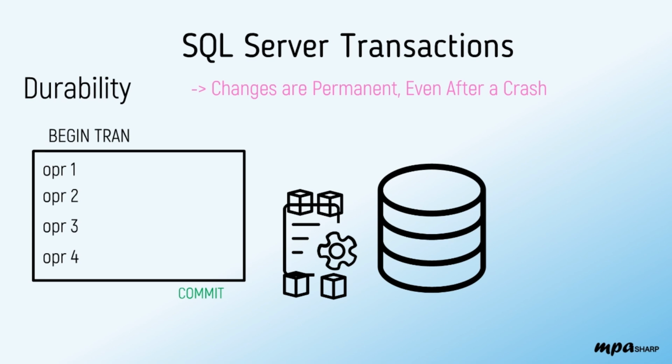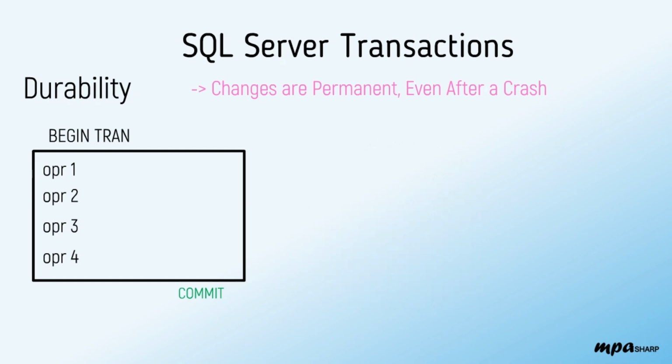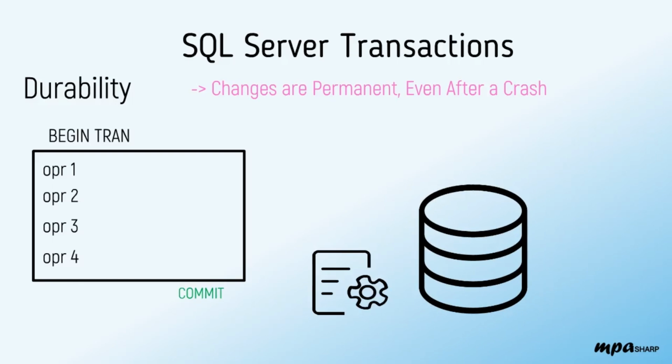Writing to the log is typically faster than writing to the actual data pages on the disk. Even if the server crashes after the log record is safely written, but before the changes are written to the main data disk, SQL Server can use the transaction log during startup recovery to redo the committed transaction and ensure the data files reflect the committed state.